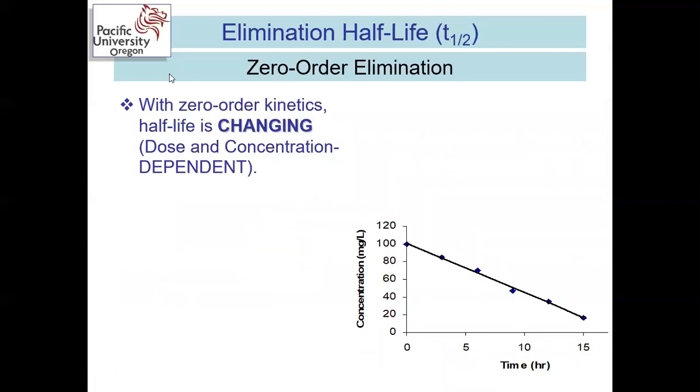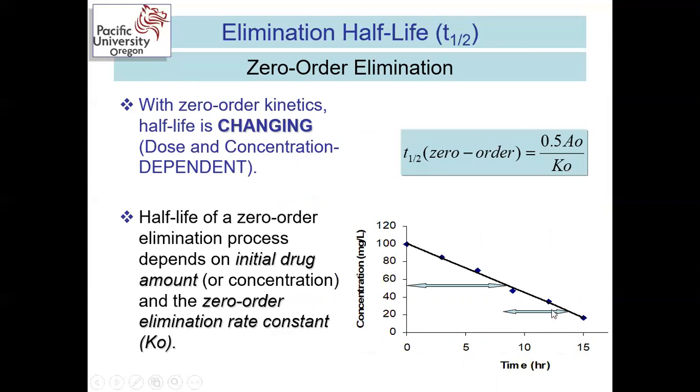If you remember from our first lecture, with zero order kinetics, half-life is dependent on the drug amount or drug concentration. Starting from 100 milligram per liter, you will need a longer time to go from 100 to 50 than going from 50 to 25 and so on, because an evidence of the zero order elimination kinetics is that some PK parameters, including half-life and K, are concentration and dose dependent.